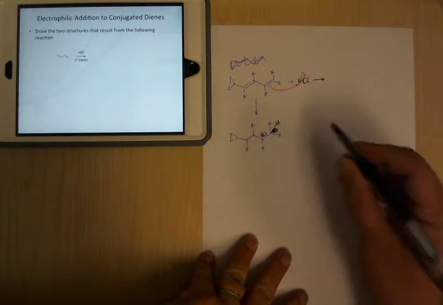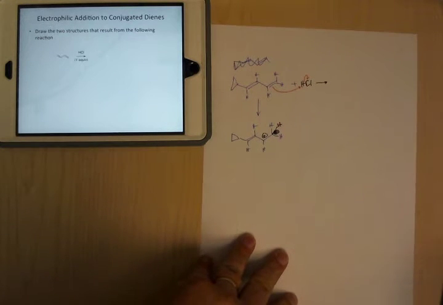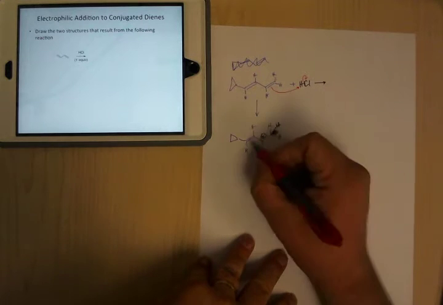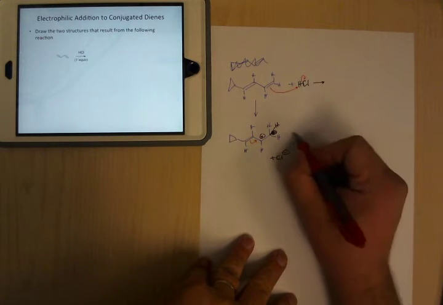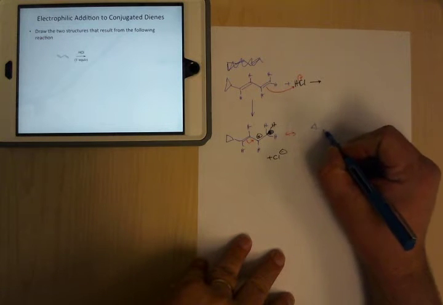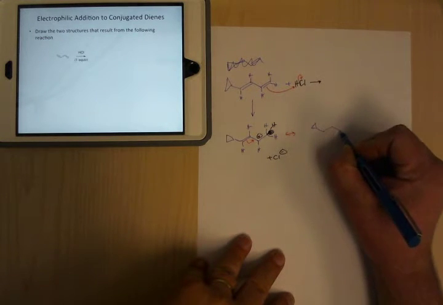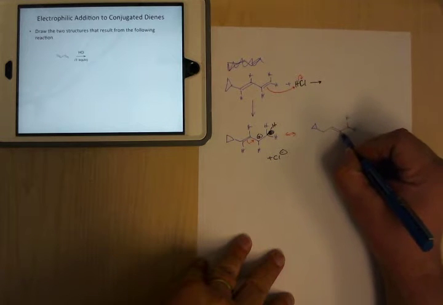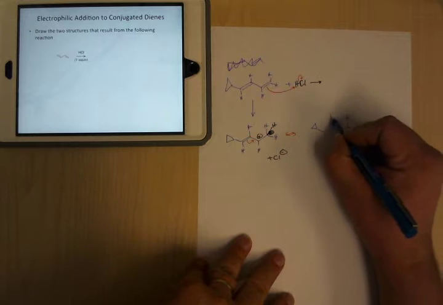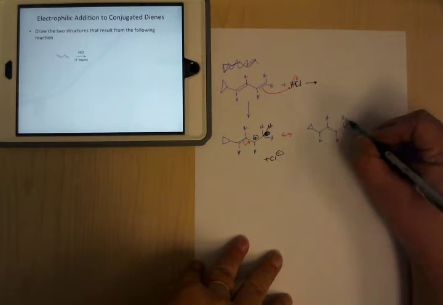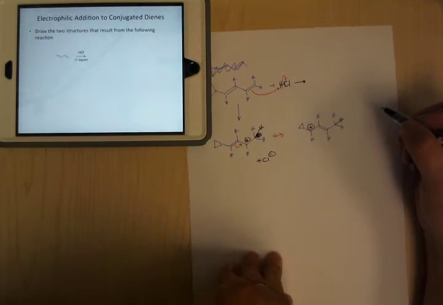Sorry, that goes there, plus Cl minus. Now you can get this coming over there to form this resonance structure. So the original hydrogen was there, and now the positive charge is there.